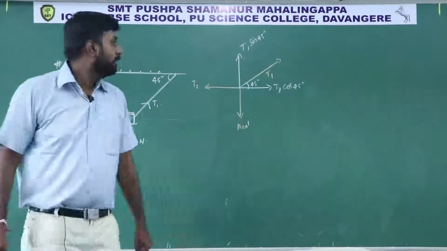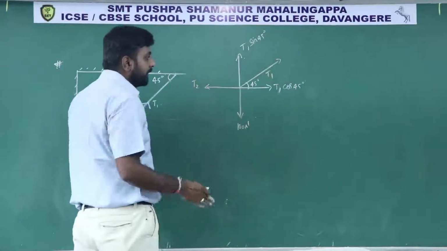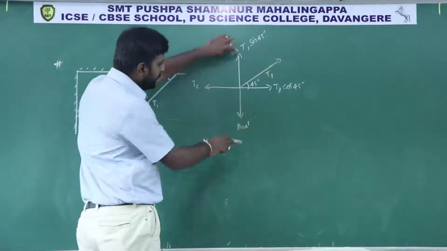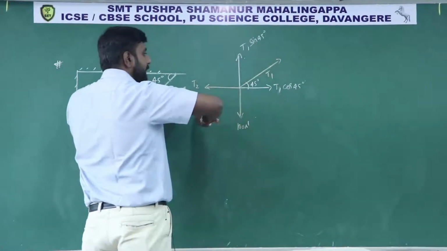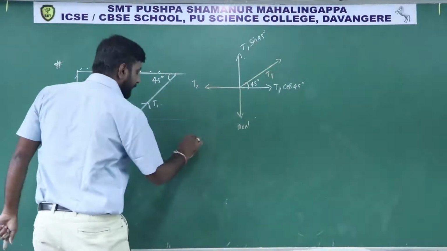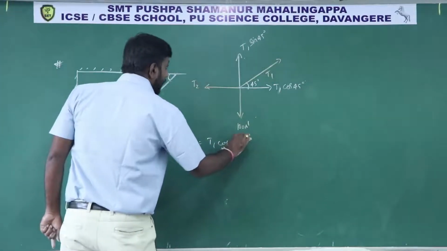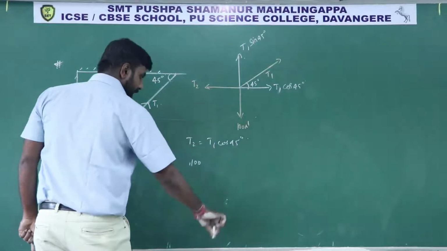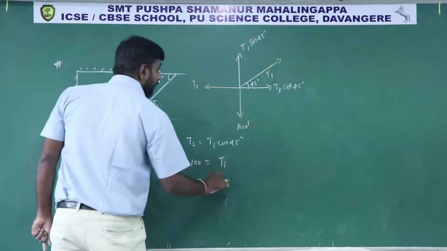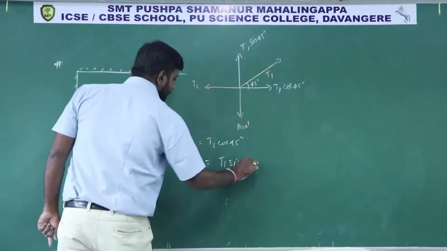Now you can neglect the T1 vector; these two forces are balancing in this direction. Then directly I can write T2 is equal to T1 cos 45, and the 100 Newton acting downward is balancing T1 sin 45.